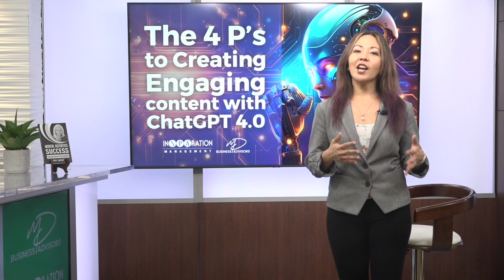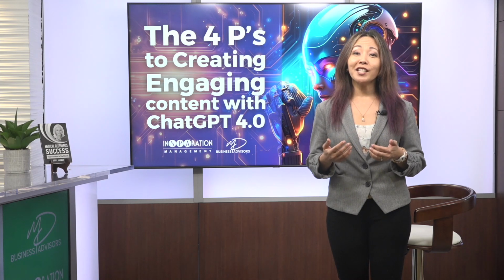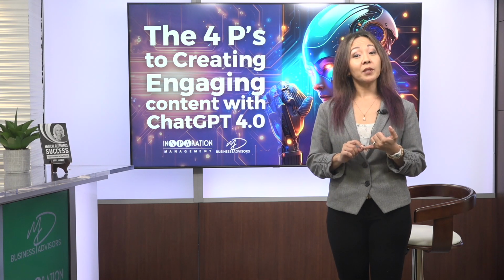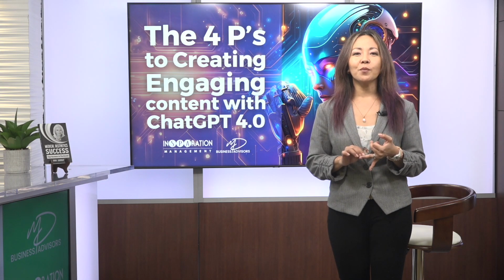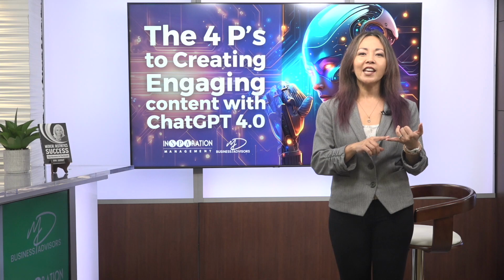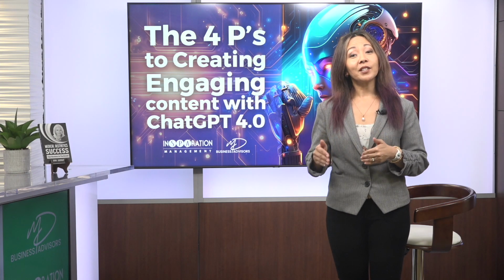Start by giving ChatGPT a comprehensive overview of your medical spa, and include details like your business name and location so that you can tailor specific content, the services that you offer, and list all the treatments. Then your target audience. Give ChatGPT details about your ideal client's age, gender, interests, etc. Your unique selling position.